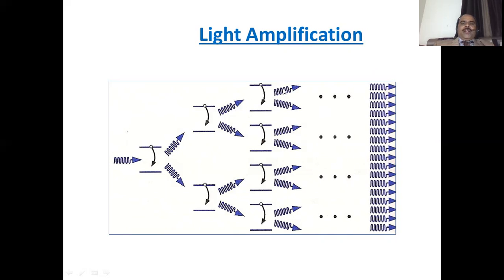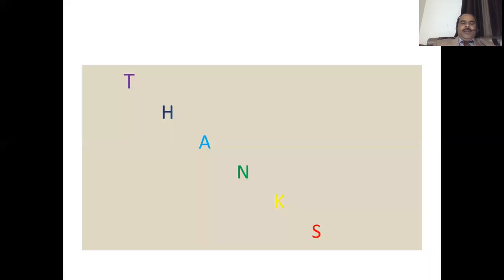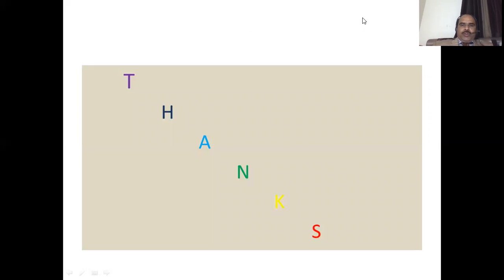These four photons trigger another four photons, and you get multiple photons and light amplification. So in this way, we have explained the processes involved in the lasing action, that is absorption, spontaneous emission, and stimulated emission.